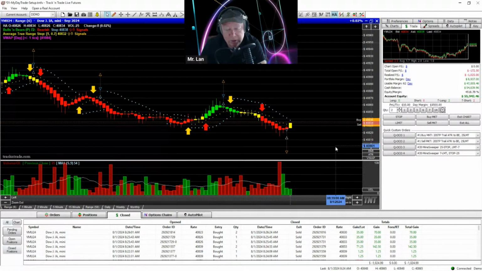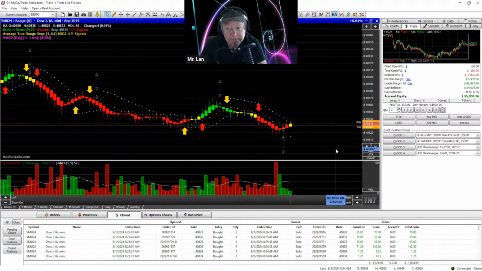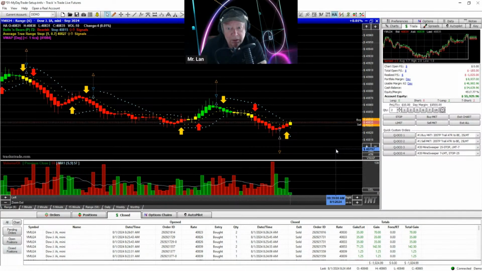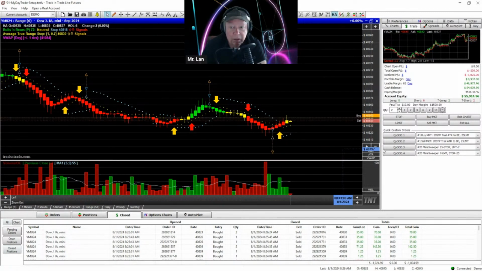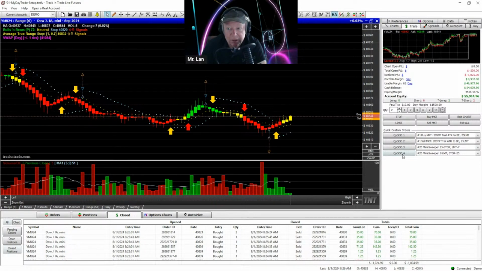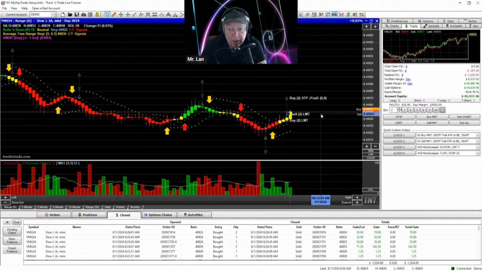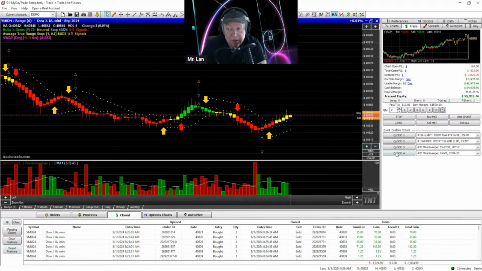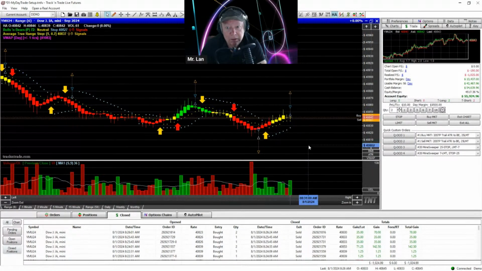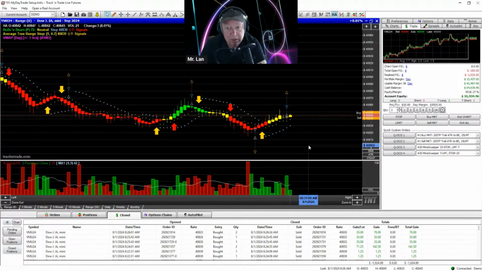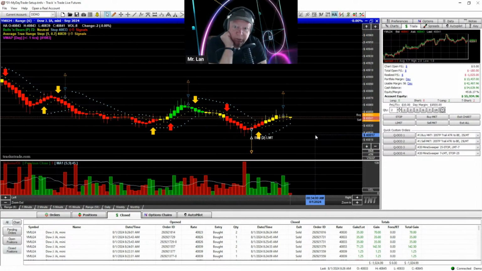It went up 7 ticks for us. Little dangling bombs out there. Breaks that high and then pulls back. That's what we're looking for it to do.